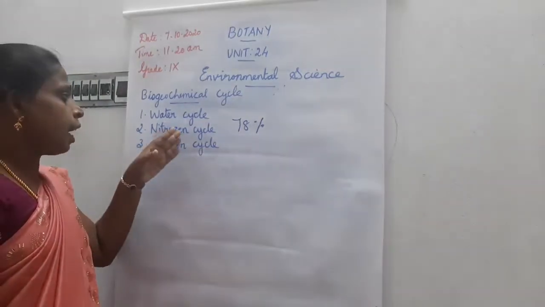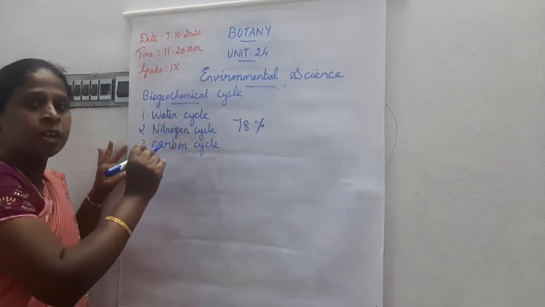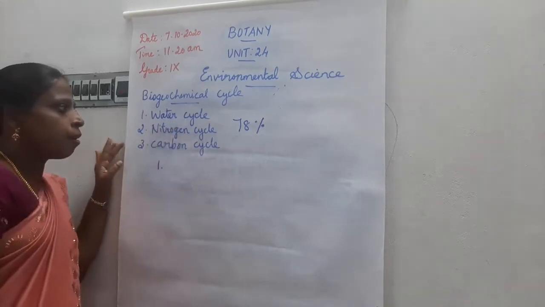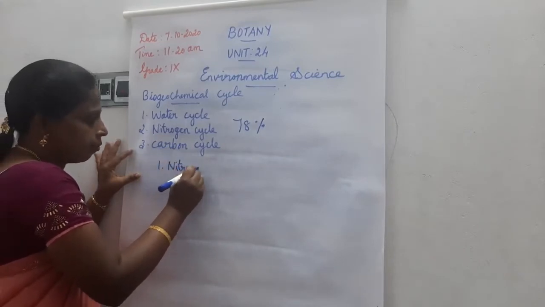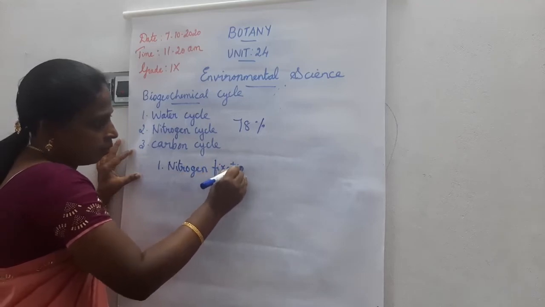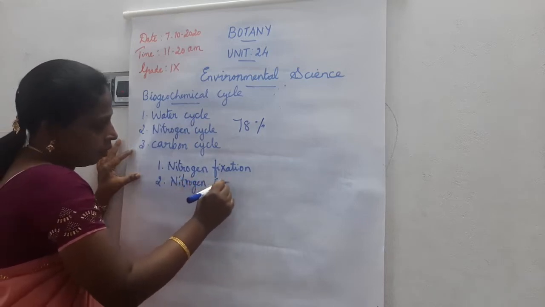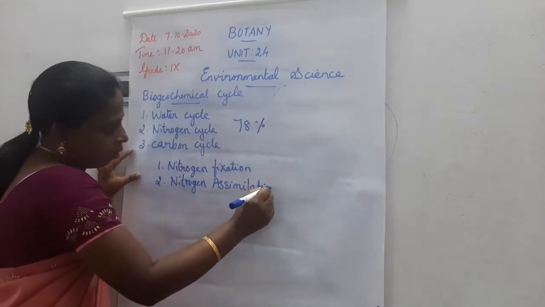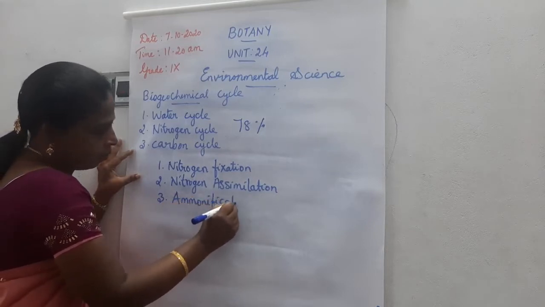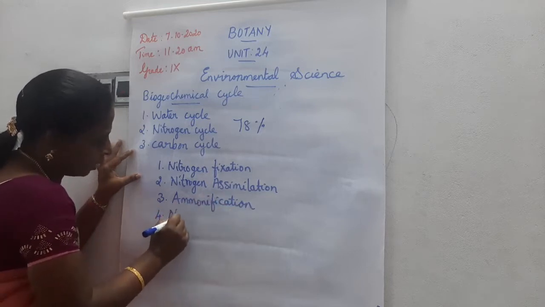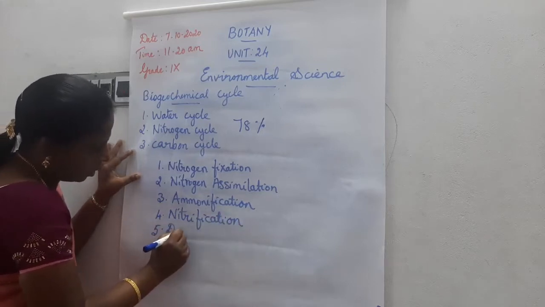The processes involved in the nitrogen cycle are, the first one is... In the water cycle we have learned many processes, so don't confuse them. The processes involved in the nitrogen cycle are nitrogen fixation, second one is nitrogen assimilation, third one is ammonification, fourth one is nitrification, fifth one is denitrification.